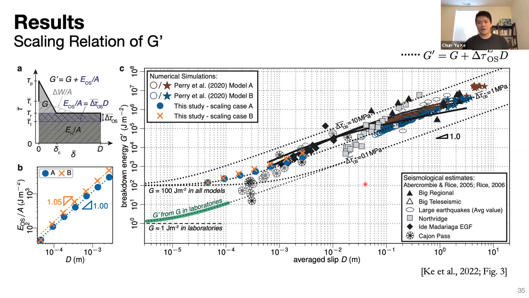So I'm just throwing out a question: in our setup, we have constant G, but we still see scaling G prime. So what is the evidence, except for those secondary weakening mechanisms, that is going to tell us that the initial edge-localized fracture energy is scaling? I think that's more of what we're trying to say here.